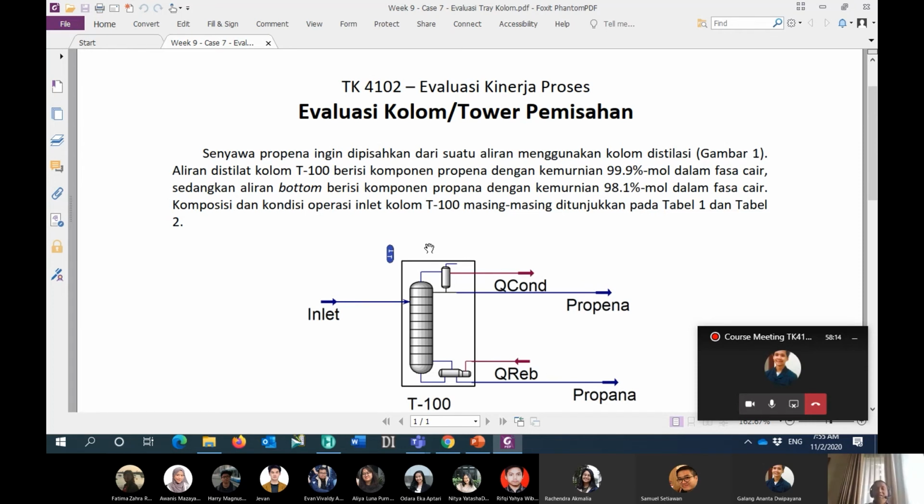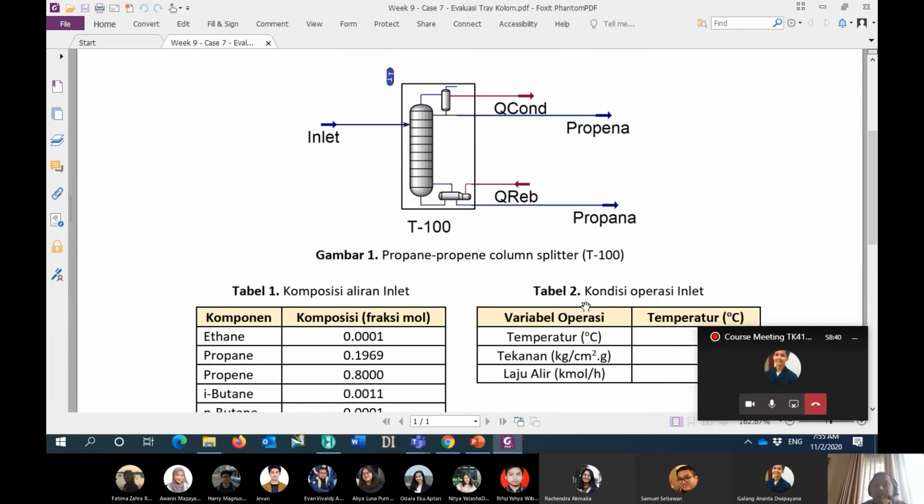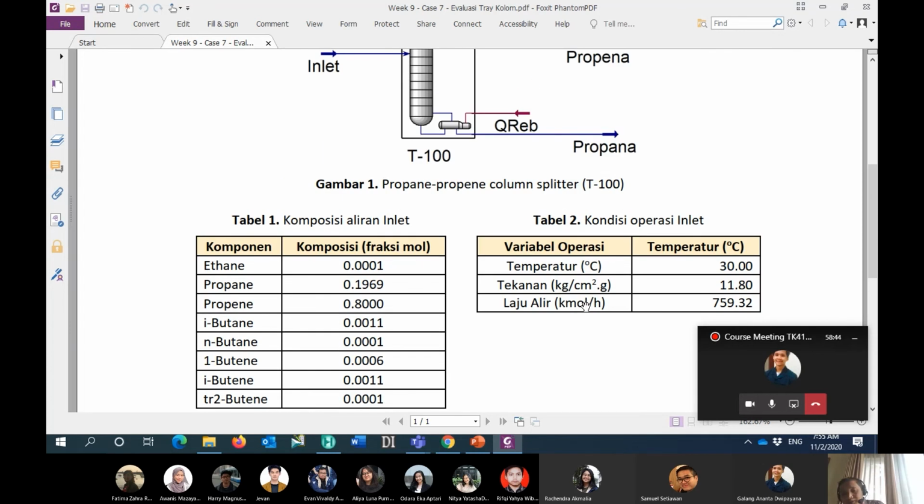During the separation, we would like the propene purity to be around 99.9%, while propane comes from the bottom of the column with a purity of 98.1%.